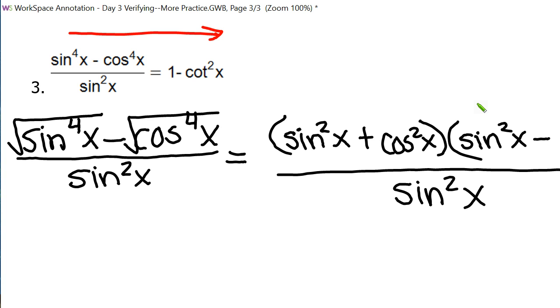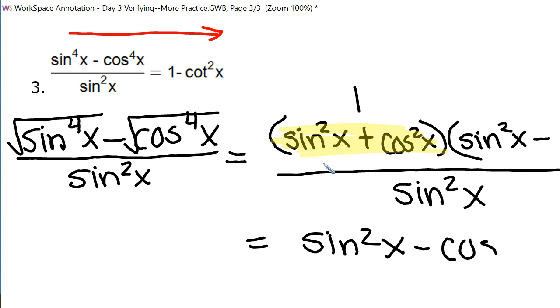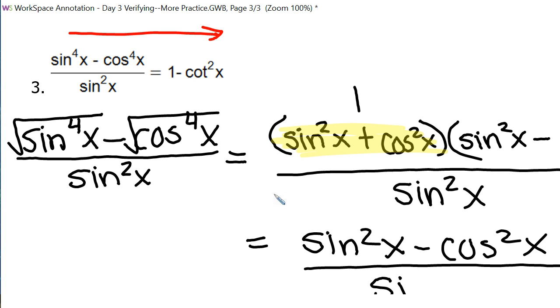Look right here. Pythagorean, because it equals 1. Sine squared plus cosine squared is equal to 1. So 1 times sine squared minus cosine squared is just going to be sine squared of x minus cosine squared of x over sine squared of x.